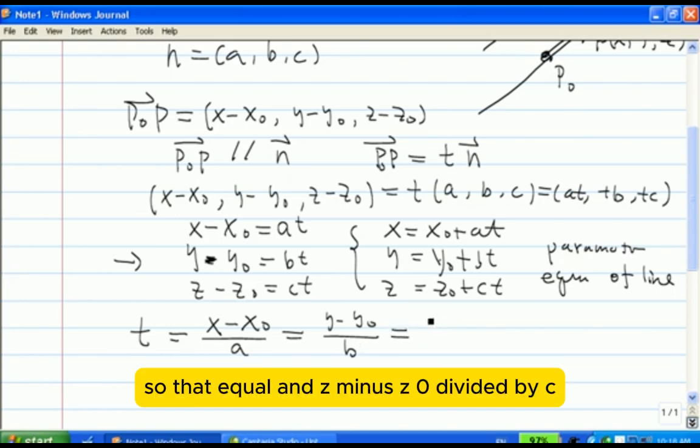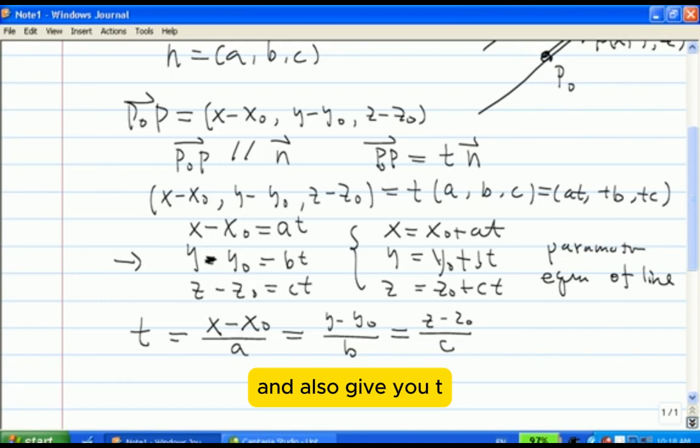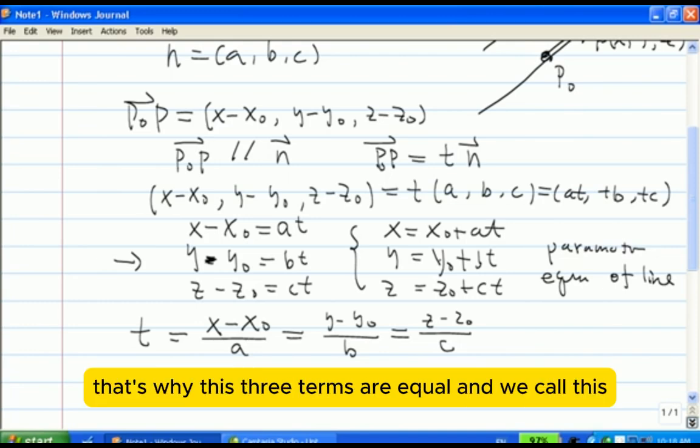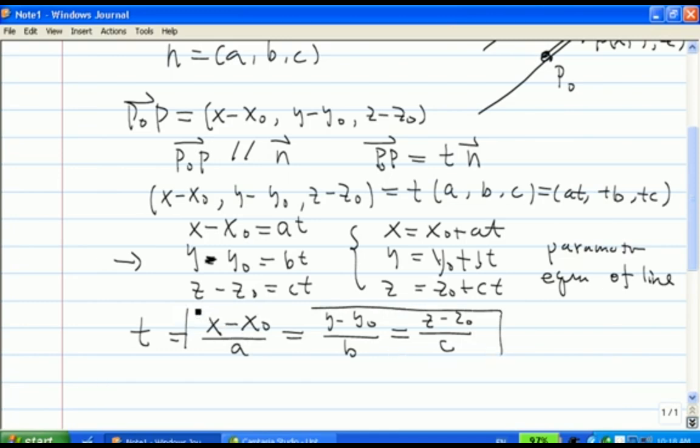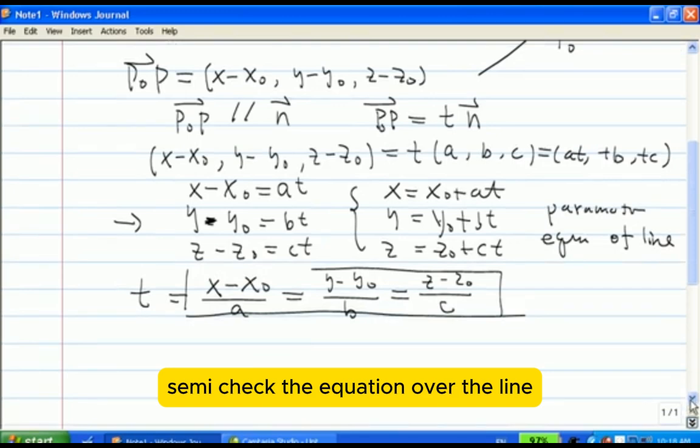And (z minus z0) divided by c also gives you t. That's why these three terms are equal, and we call this the symmetric equation of the line.